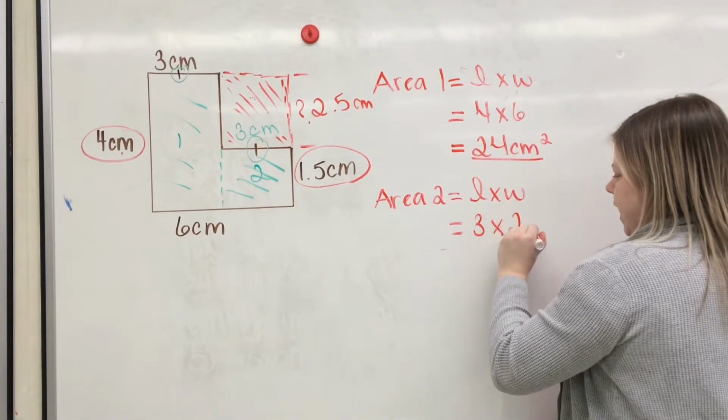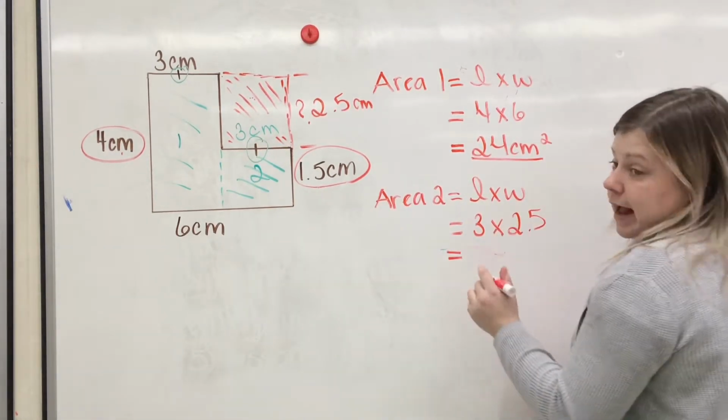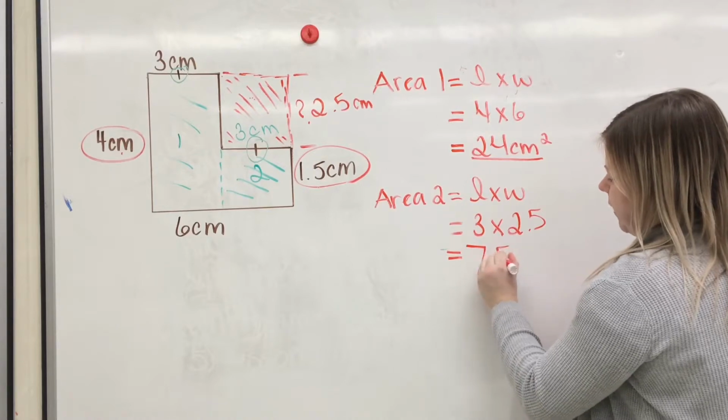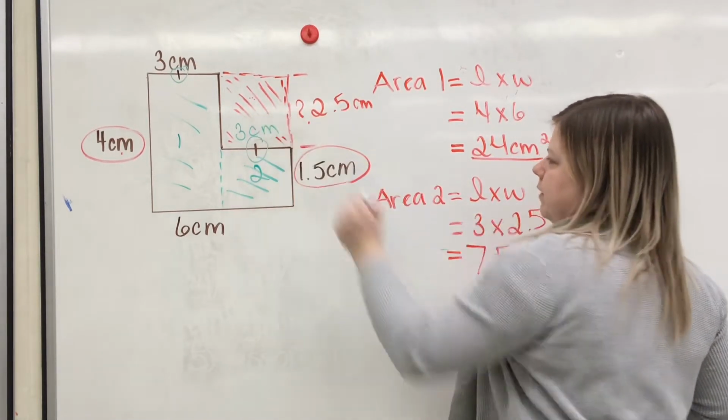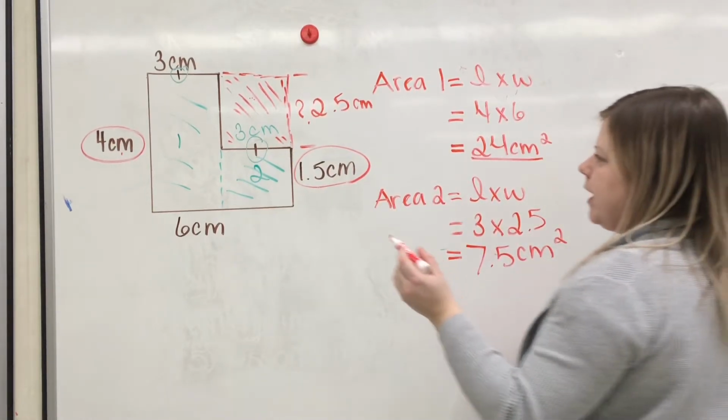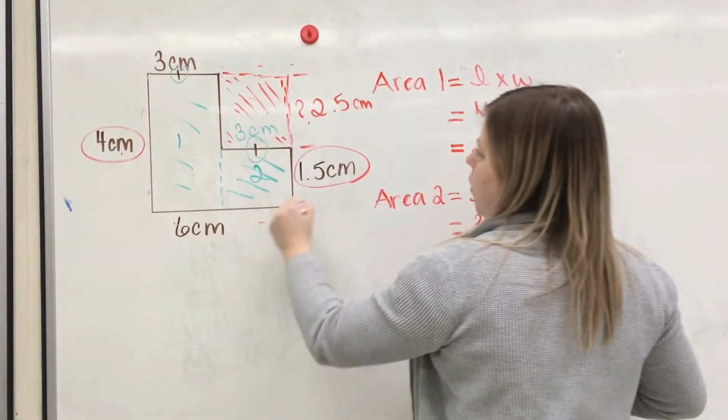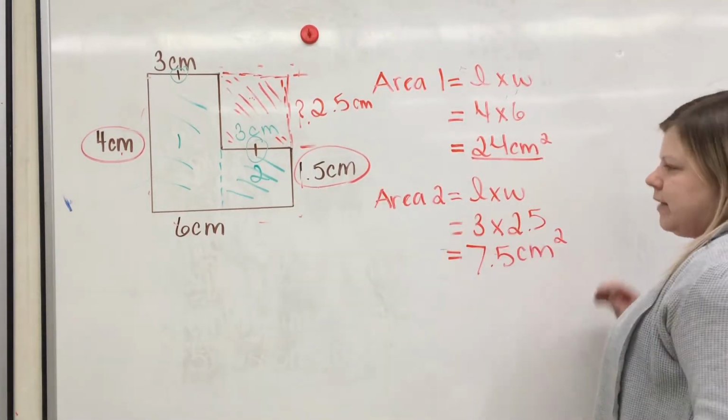So it's 2.5. My answer is 7.5 centimeters squared. So I know that this shape is equal to 7.5 centimeters squared, and this big shape, the whole thing, is 24 centimeters squared.